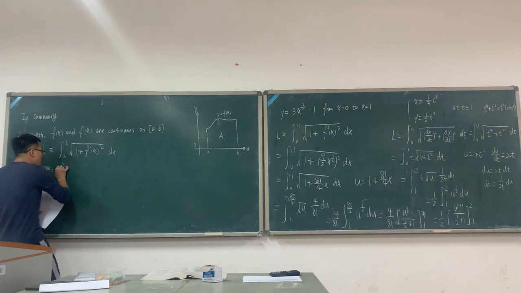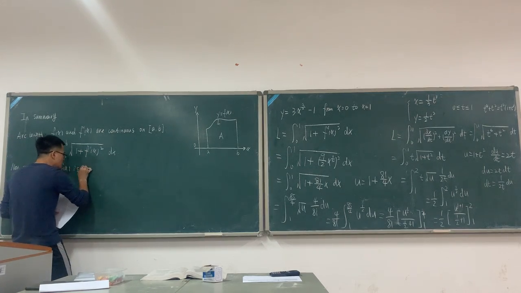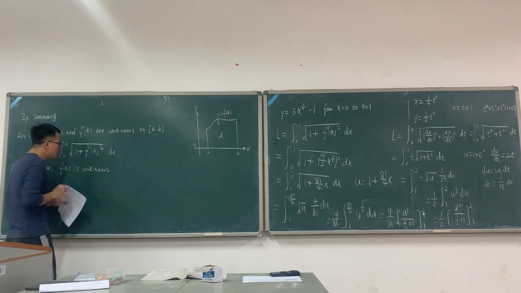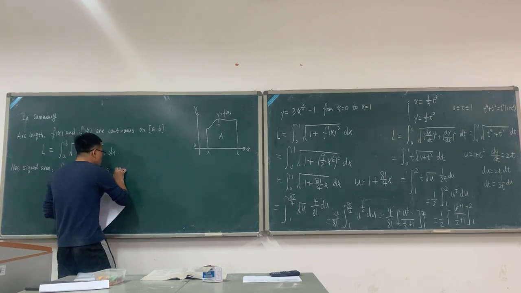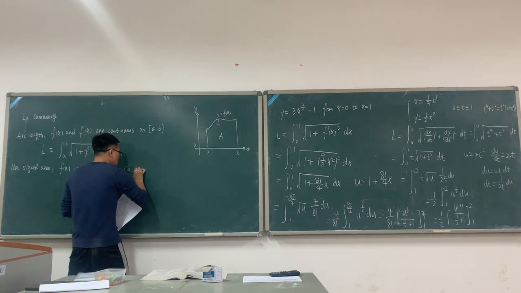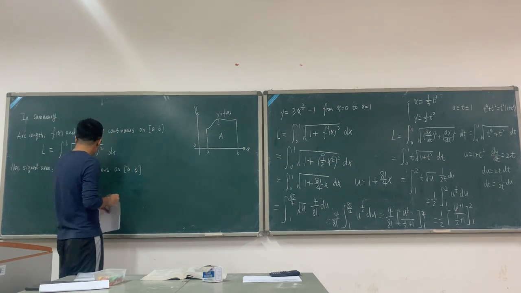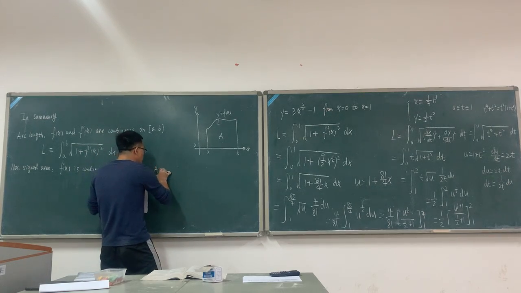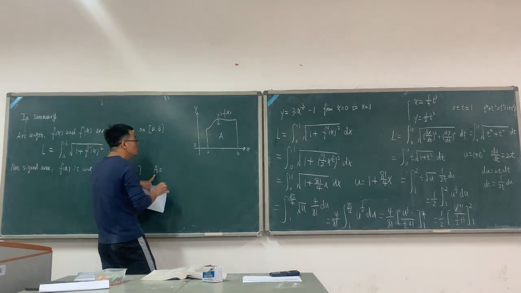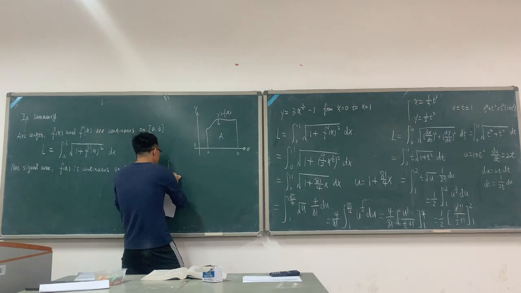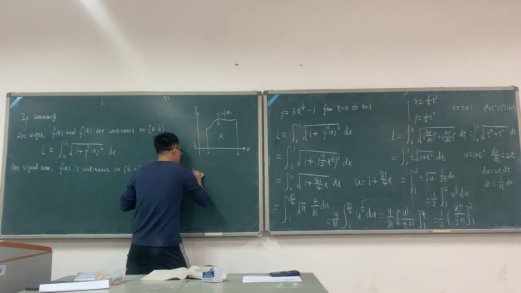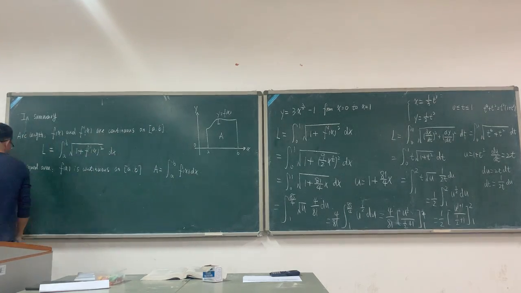We need f(x) to be continuous on the closed interval [a, b]. Then the net signed area A equals the definite integral of f(x) from a to b. This is the second, the net signed area.